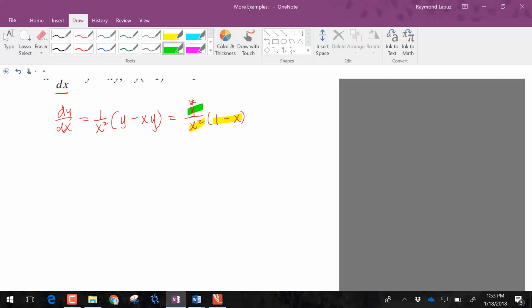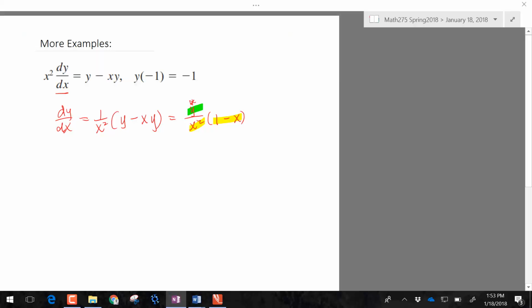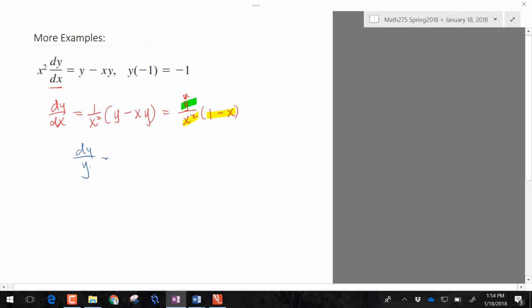And in general, you want to put the dependent variable on the left side and the independent variable on the right side. So if the dy stays on this side, this y, which is up in the numerator, can go over as a denominator on the left-hand side. And then everything else here, we got 1 minus x over x squared with a dx. So now you have to integrate.